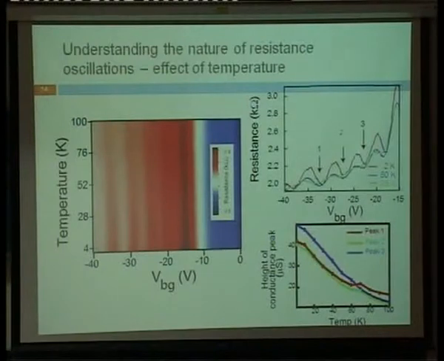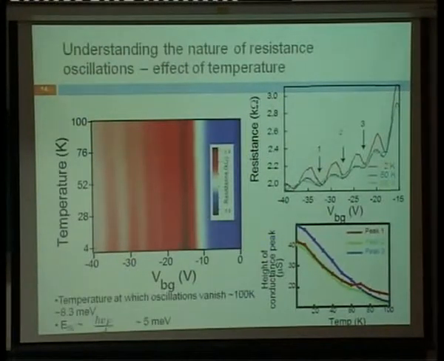If you look at the visibility of these oscillations, it drops as a function of temperature. It's really hard to fit anything because it's a relatively small temperature range. So one, again, cross-check is that the temperature scale at which it vanishes, at least for our measurement, is about 100 Kelvin.